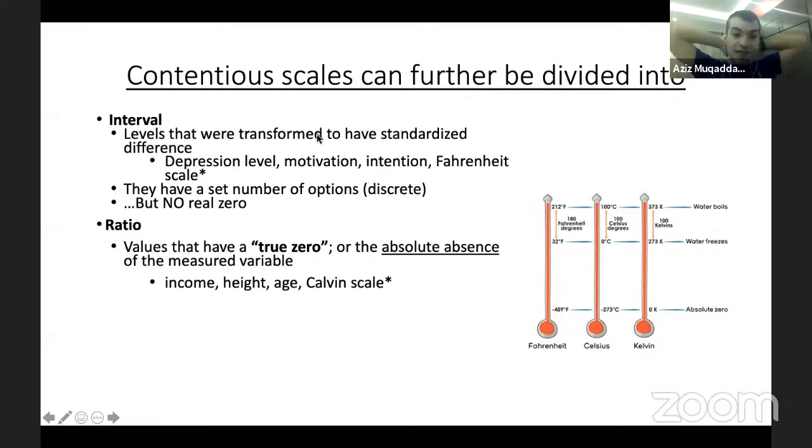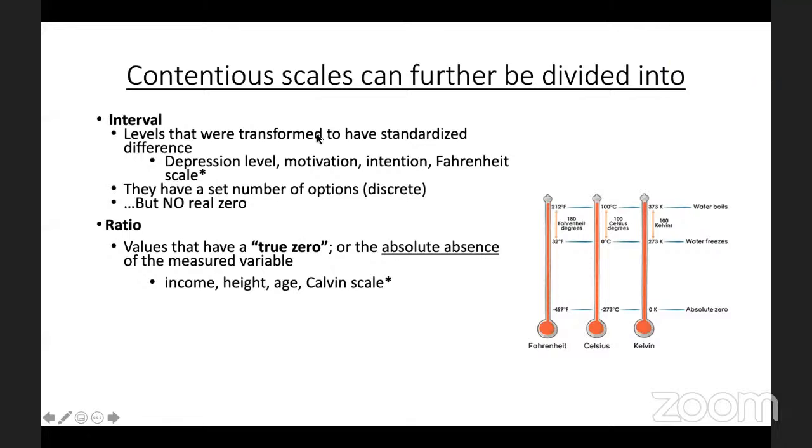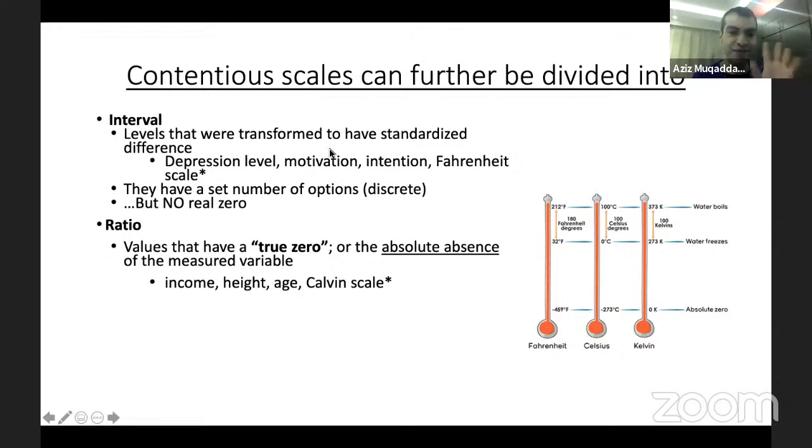Yes, that's the coldest something could be, right? There is something called the Kelvin, with a K, sorry, that was autocorrect. It's basically a scale in which the zero is the absolute absence of any heat or any warmth whatsoever. So that's the coldest something can get.